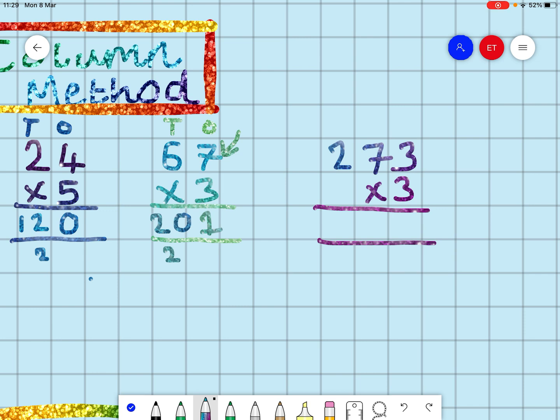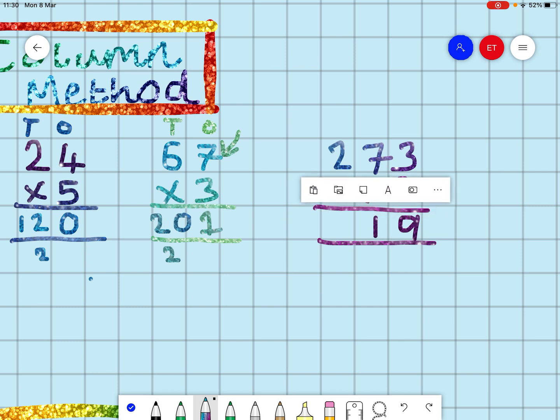So 3 times 3 is 9. We don't have anything to carry over there because 9 doesn't have any tens in it. 7 times 3 is 21. Remember, that's 70, so 70 times 3 will be 210.